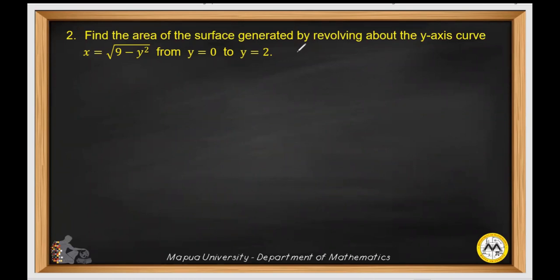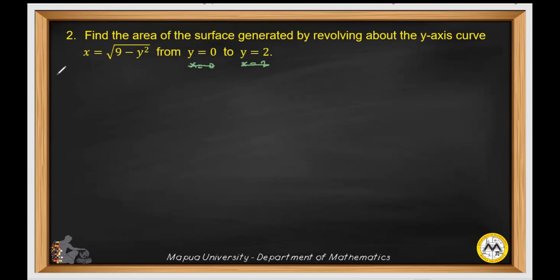In the lecture notes, the curve is from x is equal to 0 to x is equal to 2. There is a correction here. So instead of x is equal to 0 and x is equal to 2, it must be y is equal to 0 to y is equal to 2.